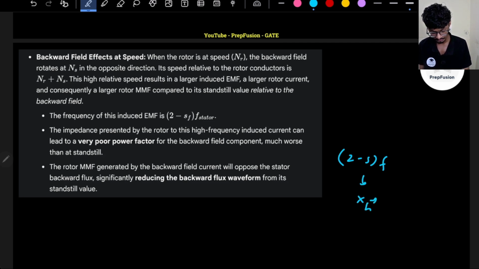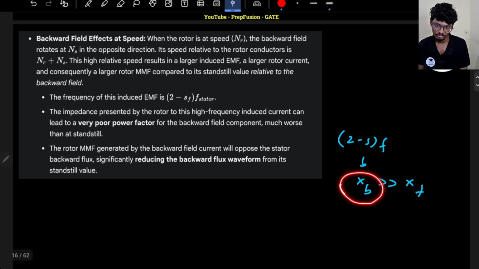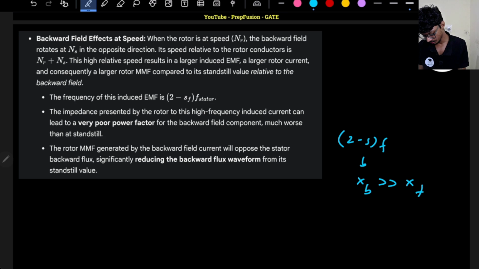For the backward field, XB will be much greater than XF. So that actually considerably degrades my power factor. Due to the large rotor current, the power factor will degrade considerably. Very poor power factor.